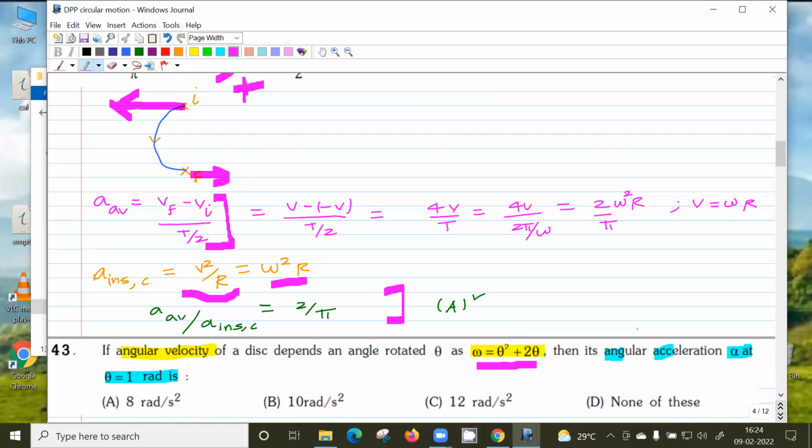No. Alpha is angular acceleration, no? How is it related to omega? Alpha is d omega by dt, and the omega expression is given. So differentiate it with respect to time.